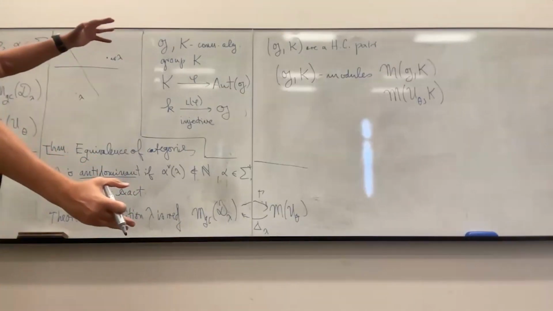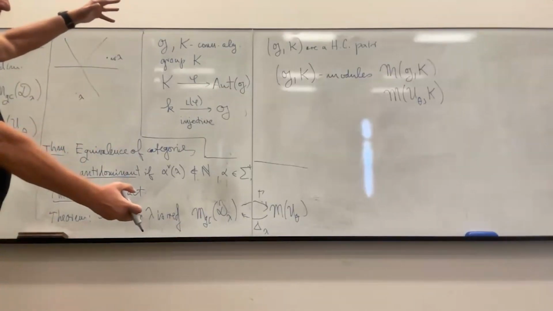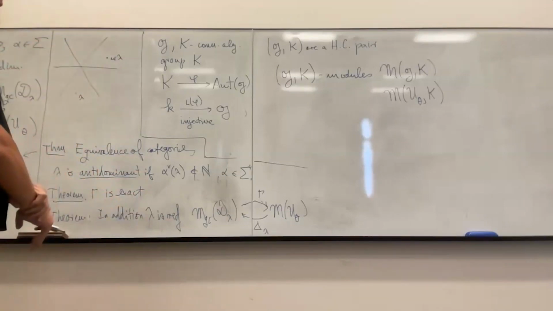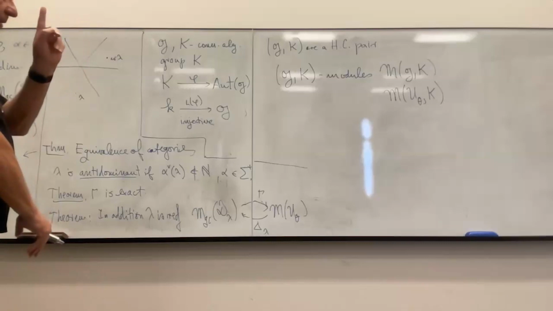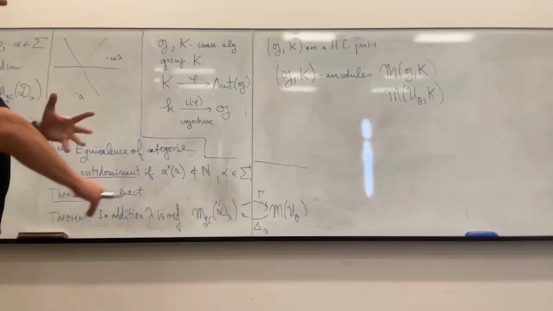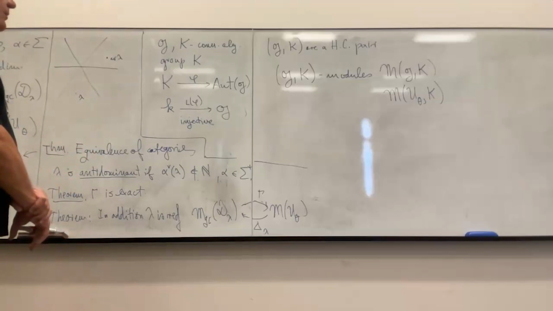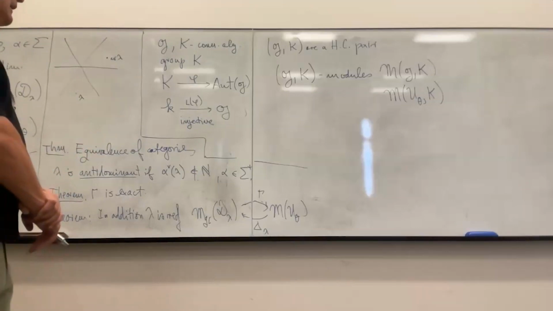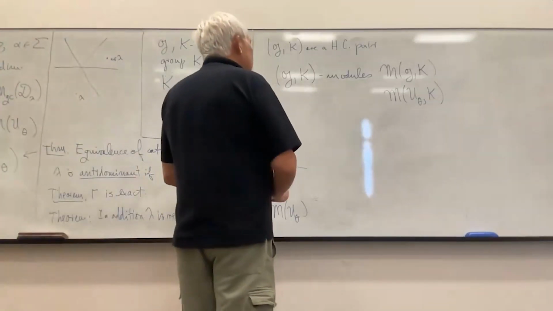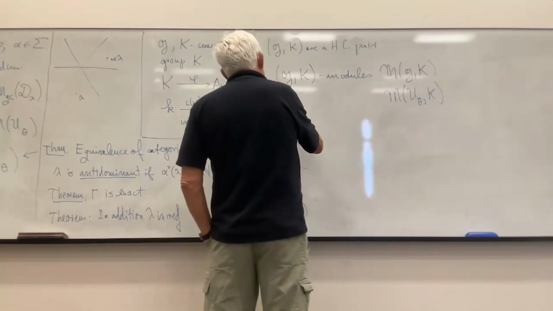So the whole module is a union of finite-dimensional K-invariant subspaces when K acts algebraically. And let me point out that I'm not assuming at the moment that K is reductive. K can be any such connected algebraic group. This works fine. And I can look at a localized version of this category.